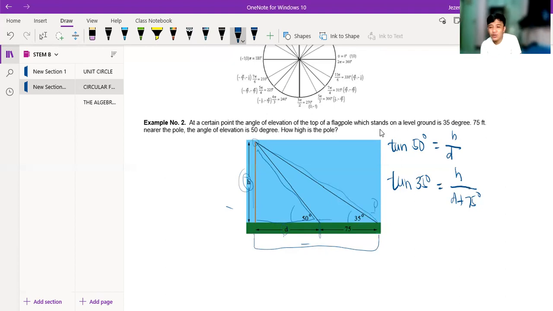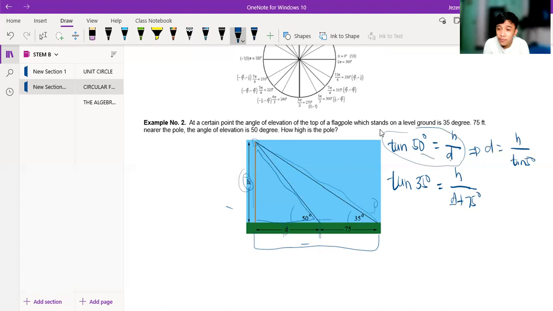Sunod. So, since ang hinahanap natin ay H, huwag na natin hanapin D, hindi naman kailangan. H na lang. So, dapat, yung D na ito, papalitan natin ng dito, galing dito. Okay? So, D is equal to H over tangent 50 degrees.